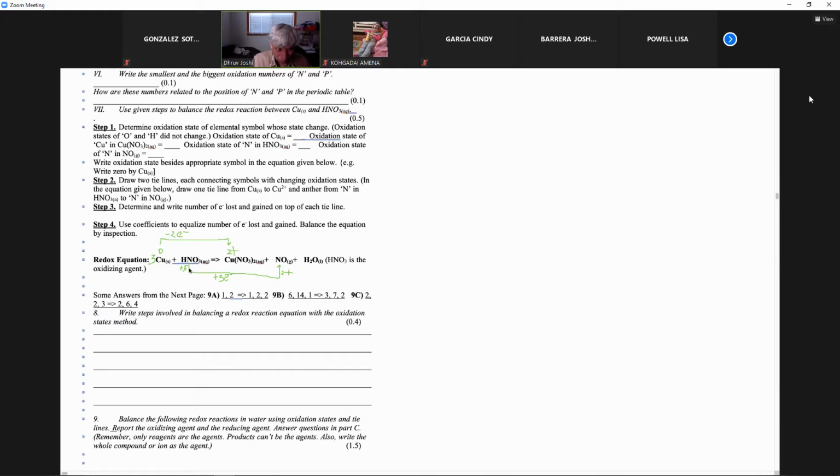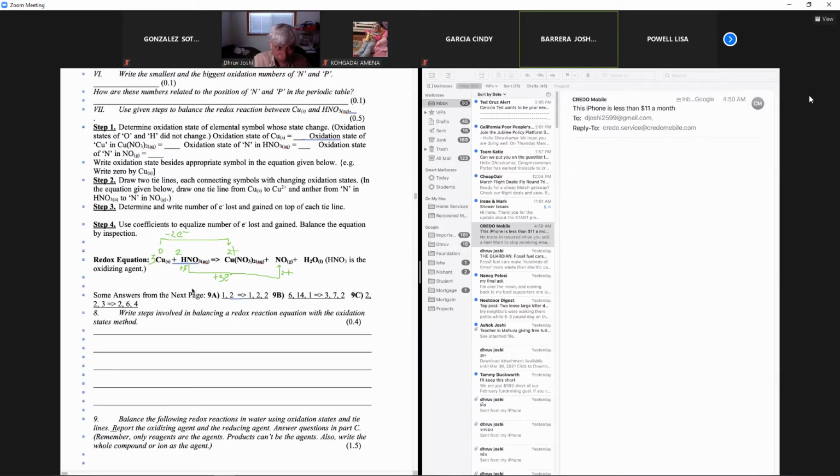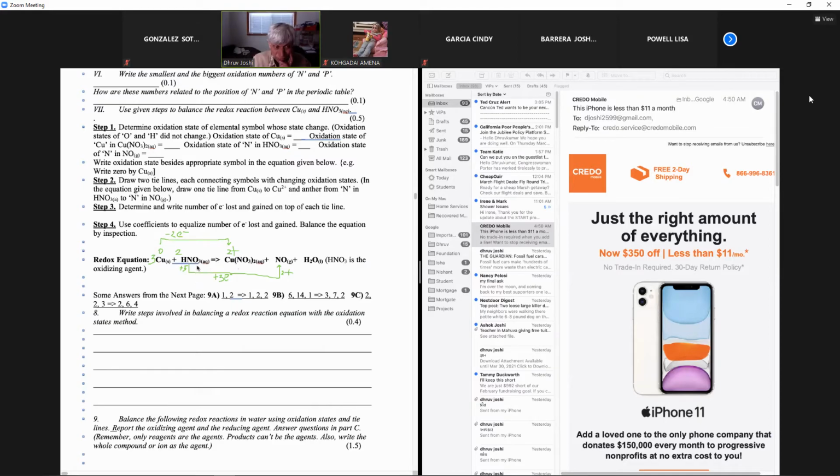And now we are going to need 2 HNO3 here. That's good rationale. Then you have to see that these 2 nitrates are not changed, so I need 2 extra nitrates, 2 plus 2.